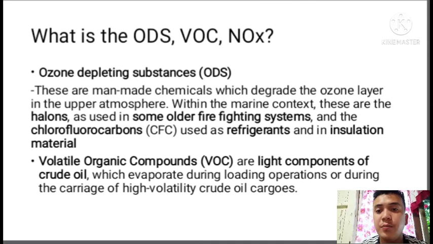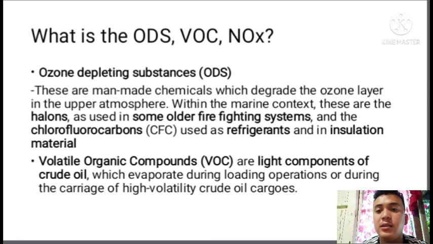ODS, or ozone depleting substances, are chemicals that destroy the Earth's protective ozone layer. They include chlorofluorocarbons, or CFCs, carbon tetrachloride, or CCl4, methyl chloroform, or CH3CCl3. Next is hydrobromofluorocarbons, or HBFCs.